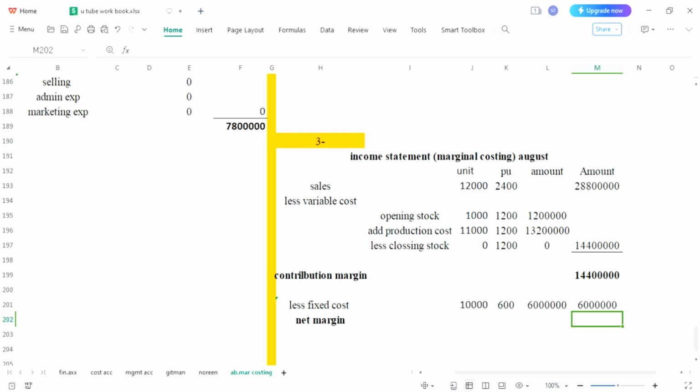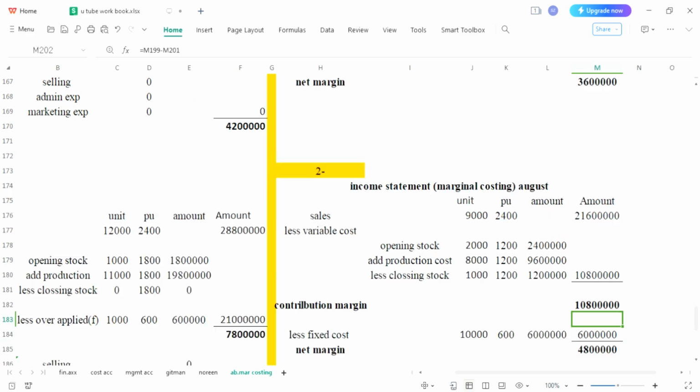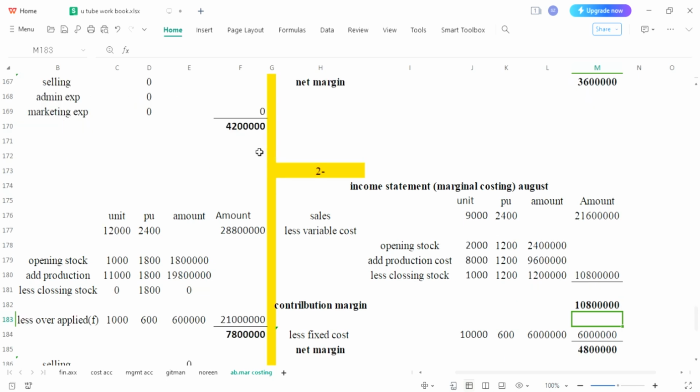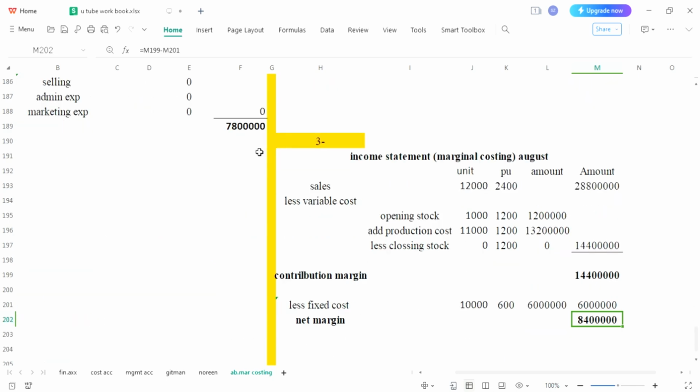Net margin is the difference between fixed cost and contribution margin. Your contribution margin was 1440. You will subtract fixed cost, which is 6000. So we have got 8400,000 for net margin. Come to the question and you can see marginal costing, third answer is 8400 and this is 8400 as well.